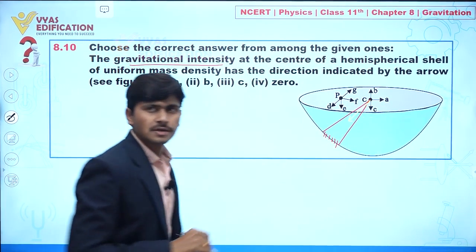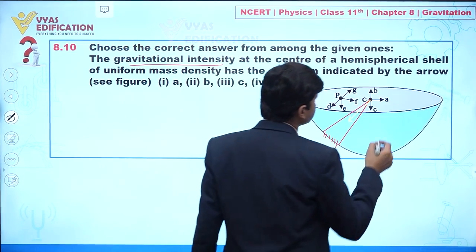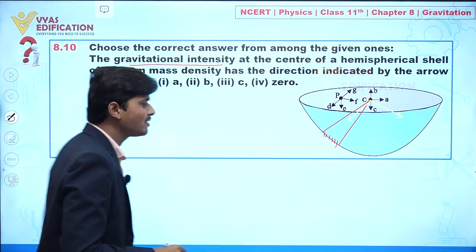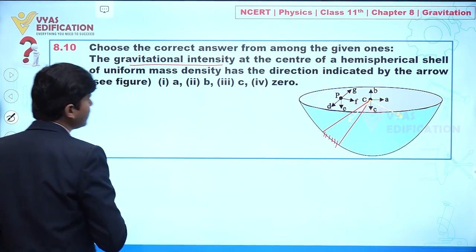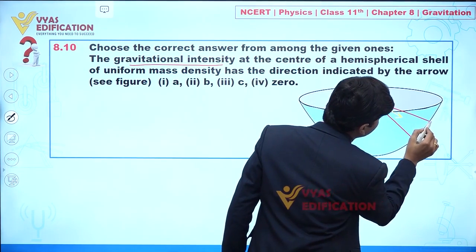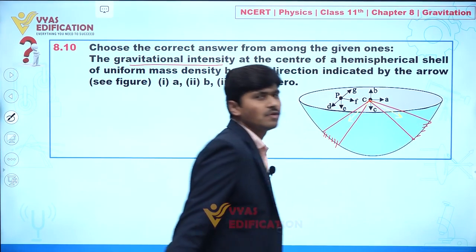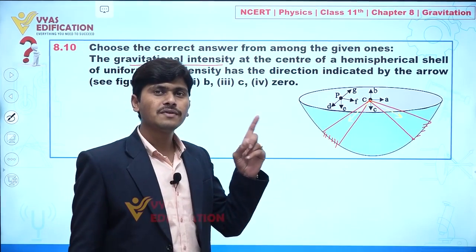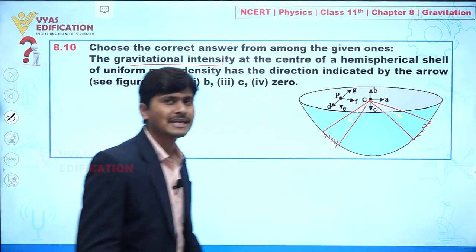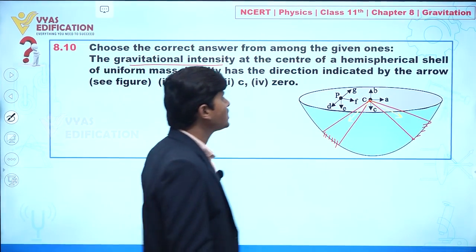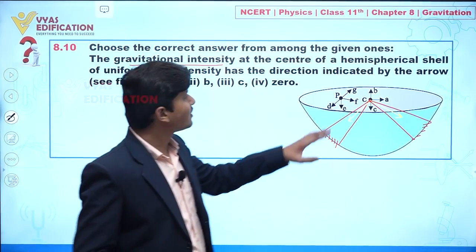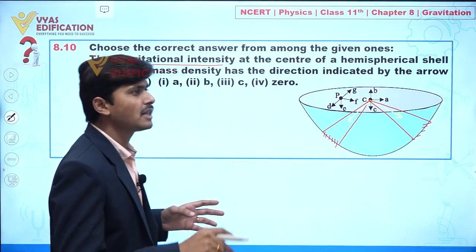Similarly, if you take a small element on this side, you will find gravitational intensity in this direction. Yes or no? So if I take a very small element like this, the direction of electric field is in this direction. Now, B and C are given like this, but actually it is like this.